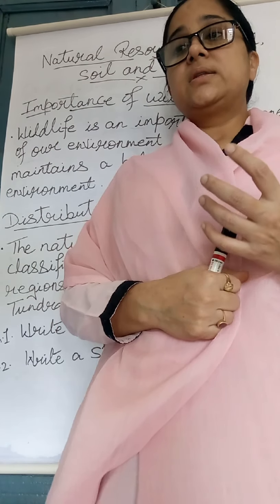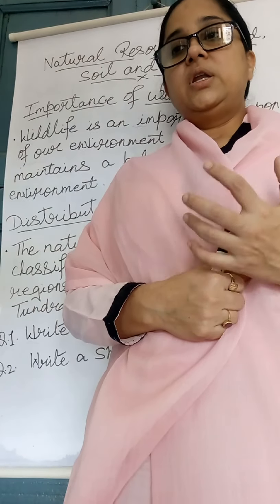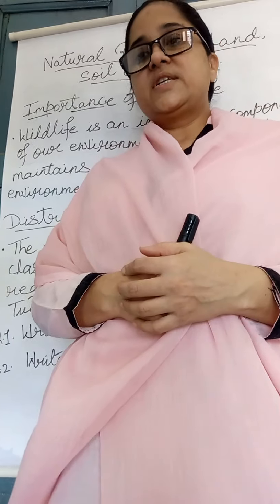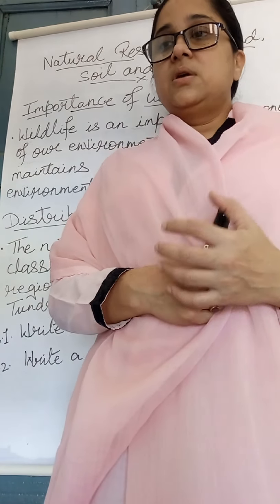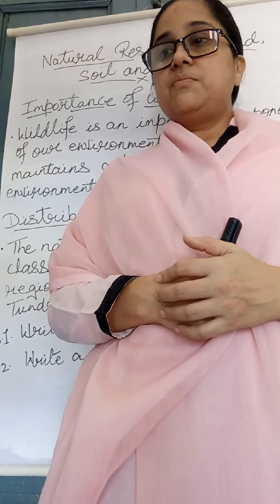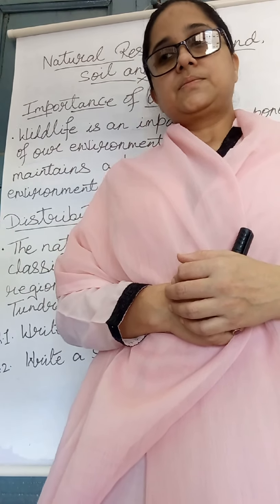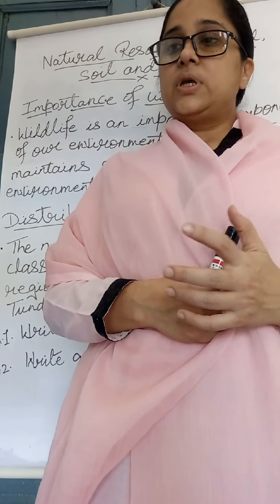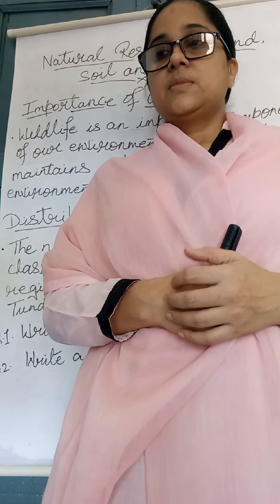Now what are the characteristics of this forest? They grow in areas having more than 200 centimeter of rainfall. The trees reach a height of about 60 meter or even above. There is no definite time for trees to shed their leaves.